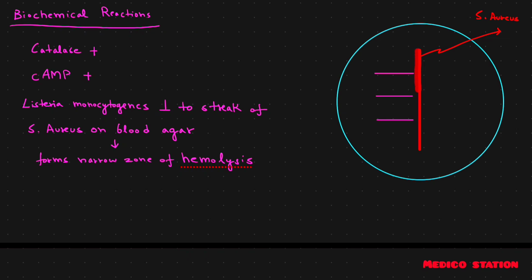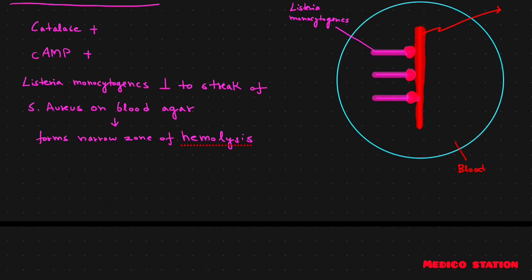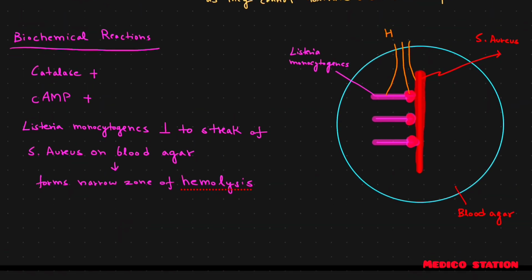So there is a narrow zone of hemolysis around Staph aureus and Listeria monocytogenes. This hemolysis occurs because of the toxins produced by these bacteria, which lead to the lysis of the RBCs in the blood agar.